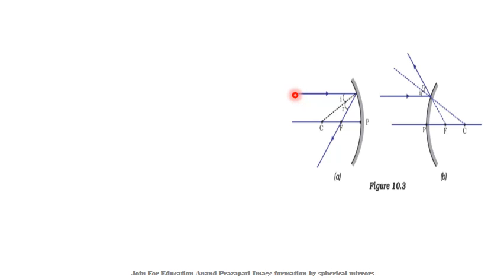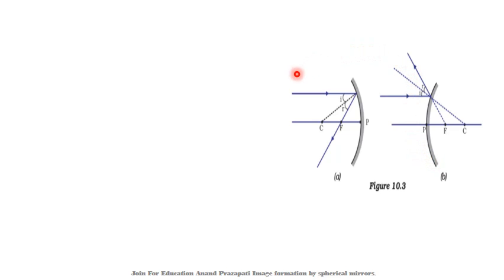There is a ray which is parallel to the principal axis. After the reflection it passes through the principal focus of the concave mirror. But in case of the convex mirror, a ray parallel to the principal axis, after the reflection, appears to diverge from the principal focus of the convex mirror.